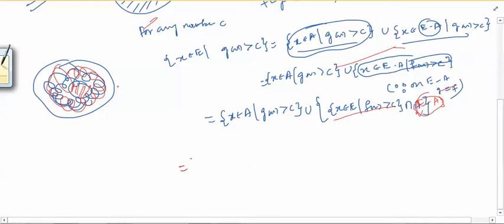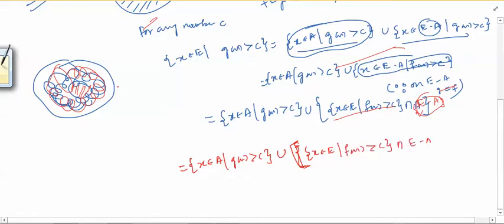I will write it like this: x belongs to A such that g of x is greater than C. That is the first part, no problem. Union with, in a square bracket, x belongs to E such that f of x is greater than C intersection with E minus A. Right. Now look at this first set. Is it a Lebesgue measurable set?